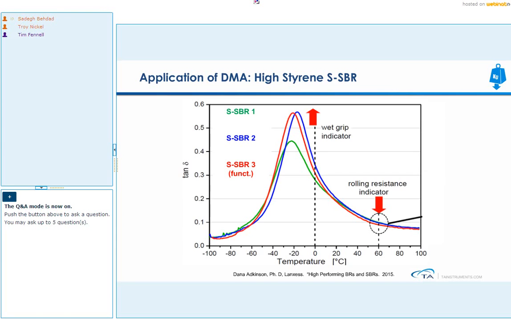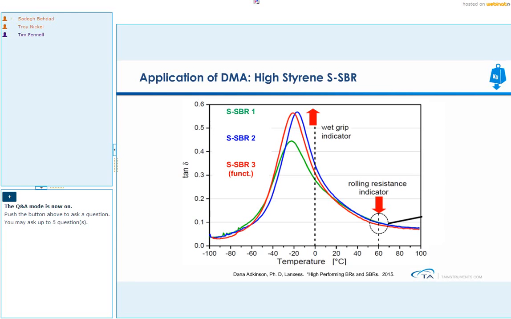In simple compounding methods, you either increase both or reduce both. So it's important, when you are trying more sophisticated formulations and optimizing both of these, trying to increase the wet grip and also reduce the rolling resistance, that these temperature sweeps can tell you if you're going in the right direction.